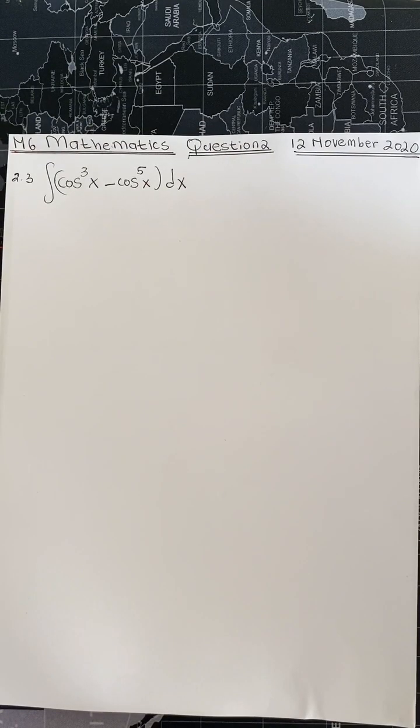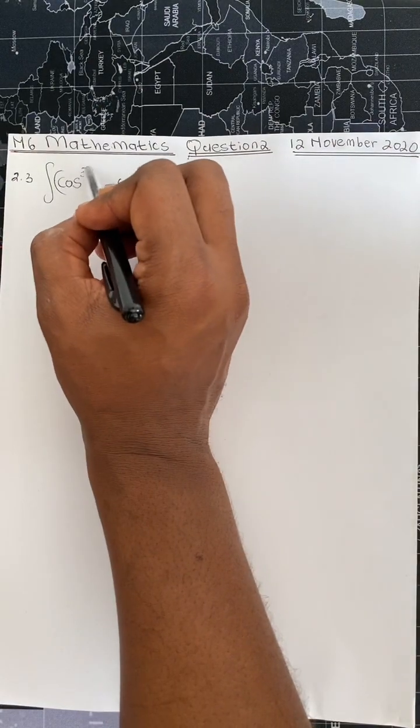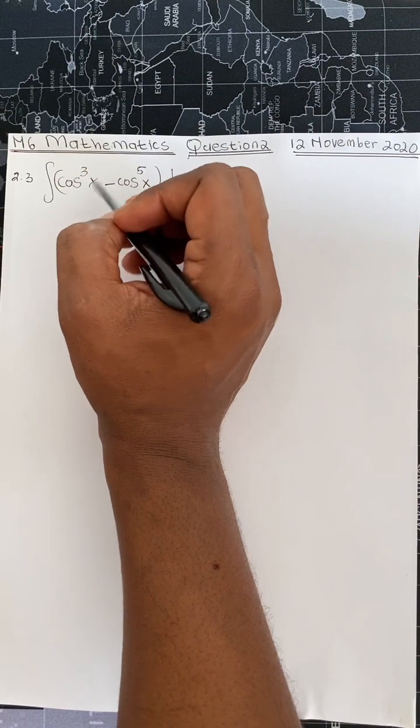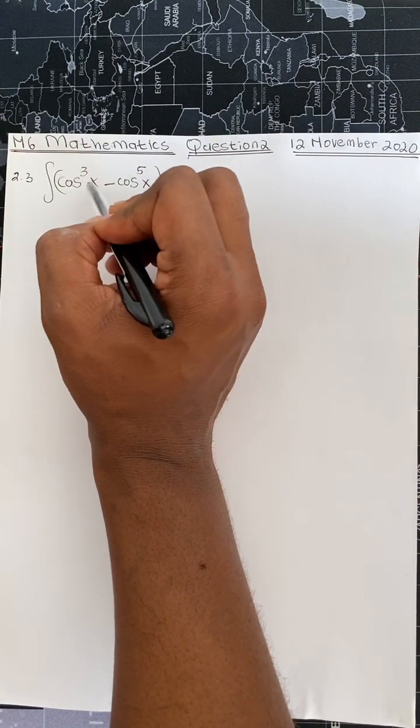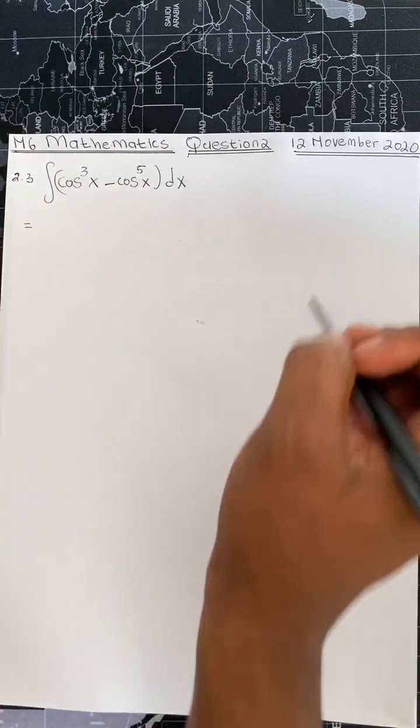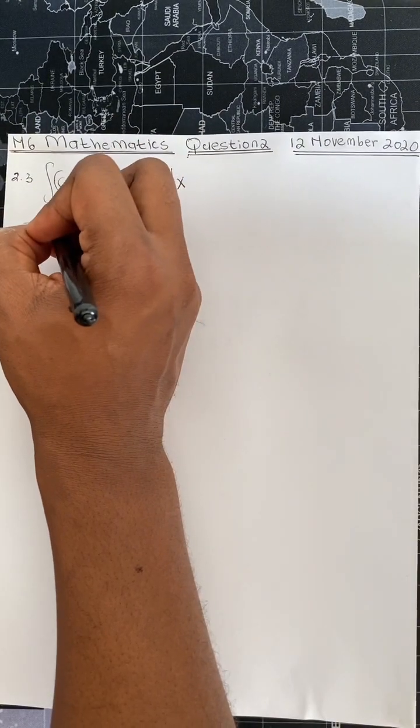Question 2.3, we have to evaluate the integral of cos cube x minus cos to the power 5x dx. And since we have our exponents as odds, so this is only valid for sine and cos. So if for sine and cos you have exponents which are odd, the first thing that you must do is for you to break them down and convert them.